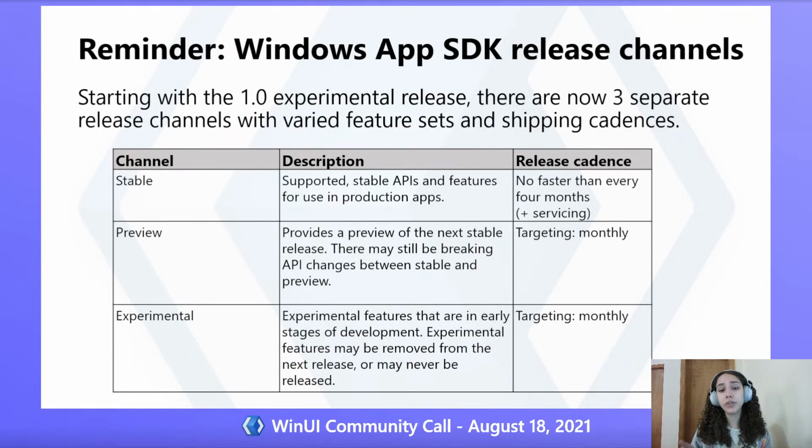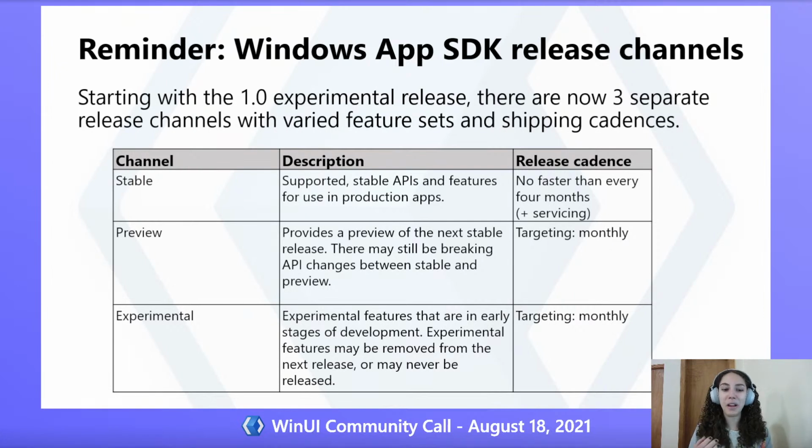So as a reminder, I just wanted to put this slide here to talk about our 3 release channels for the Windows App SDK. Starting with the 1.0 experimental release, which we just put out, there are now 3 separate release channels. These are going to have different feature sets and different shipping cadences. So we have the stable, the preview, and the experimental channel. Experimental features are in early stages of development. They may be removed from the next release or never released, and we are targeting monthly for these experimental releases, but we are still getting those shipping muscles strengthened.